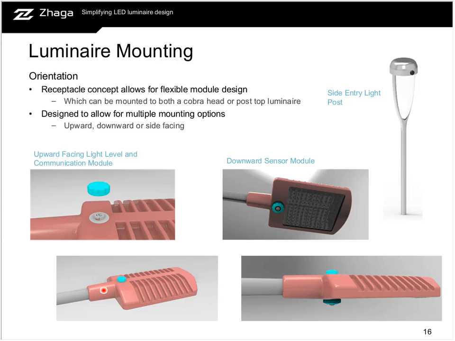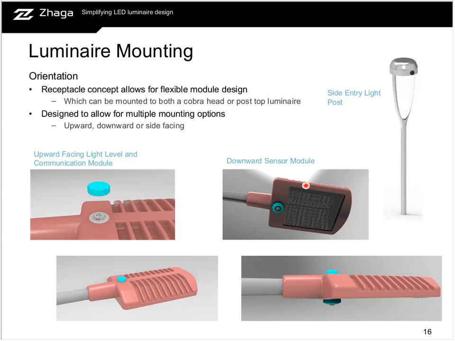So for components that need to be upwards facing, like antennas, like the light sensor. But it's also flexible enough that it can be downwards facing, still providing the IP66, and modules can be fitted that contain occupancy or cameras, etc.